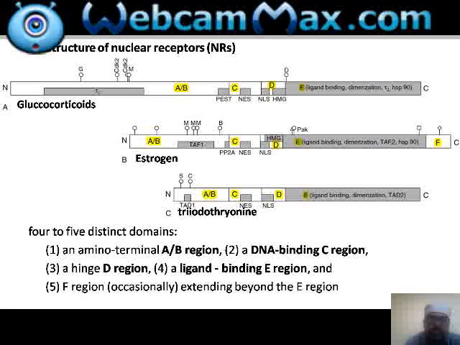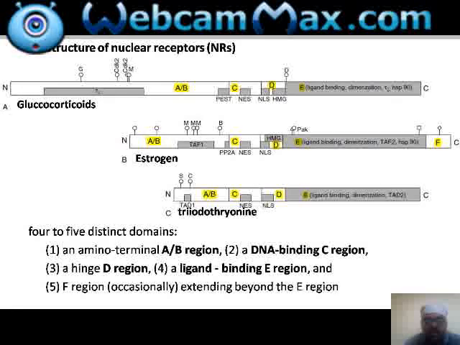What you will see here is that these receptors have some distinctive domains. These domains have been marked with yellow color. You can see that they have terminals: the amino terminal and the carboxy terminal.